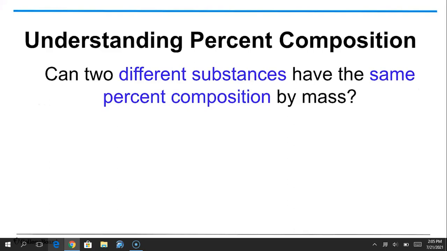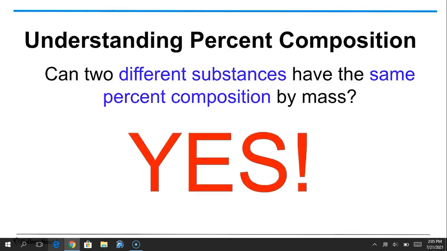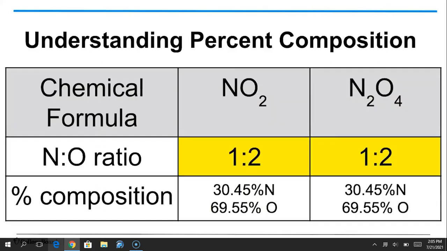So what do we do with percent composition? Well, the first thing to think about is, can two different substances have the same percent composition by mass? Yes, they can. So, for example, NO2 and N2O4 are two different compounds. They have totally different properties, but they have the same ratio of nitrogen to oxygen atoms, as you can see highlighted in yellow here, 1 to 2, 1 nitrogen for every 2 oxygen.